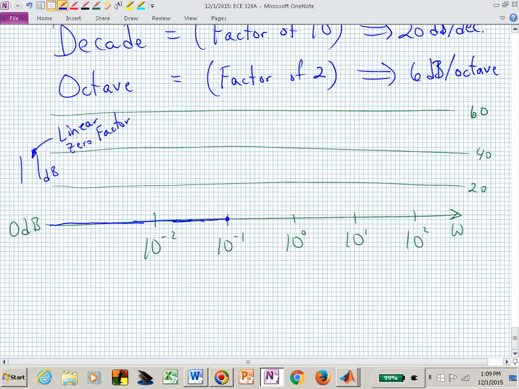And then we start sloping up at 20 dB because it's a numerator or zero factor. Now we go up to 20 at 1, we go up another 20 at 10, we go up another 20 at 100, and we just keep going. And that should be a straight line if everything was sketched, and it never stops. It just keeps sloping.